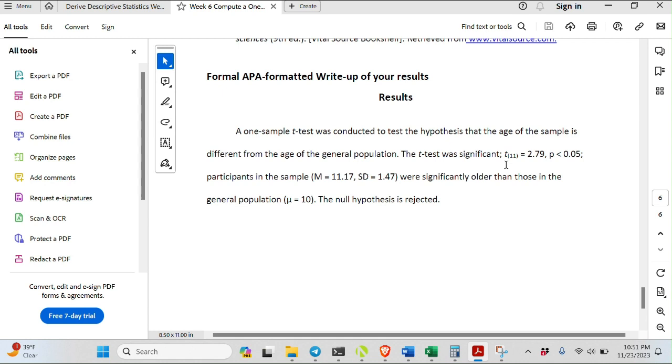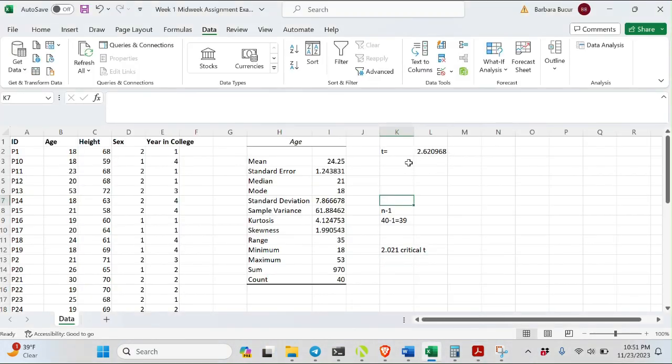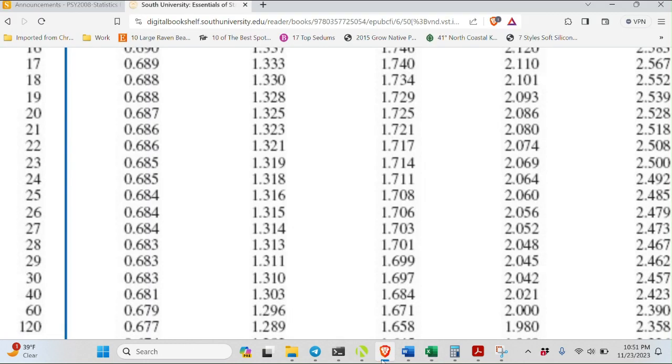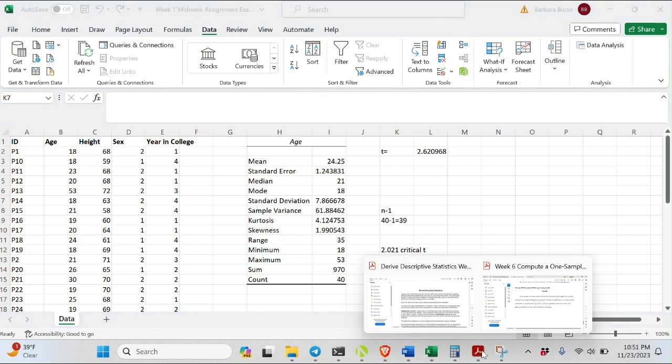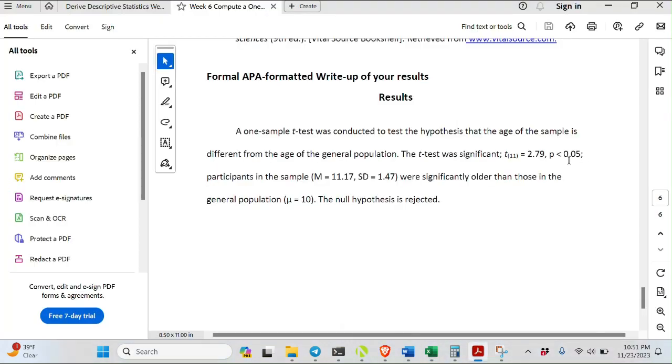So t with 39 degrees of freedom equals, in this case, 2.62. And then p less than 0.05, because we say something is significant if it's less than 0.05.